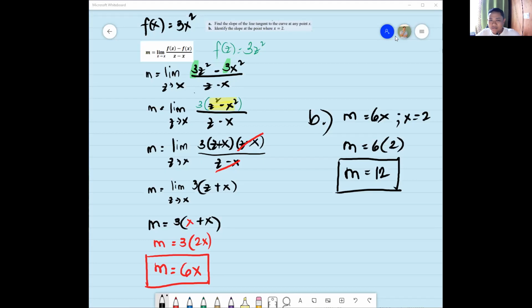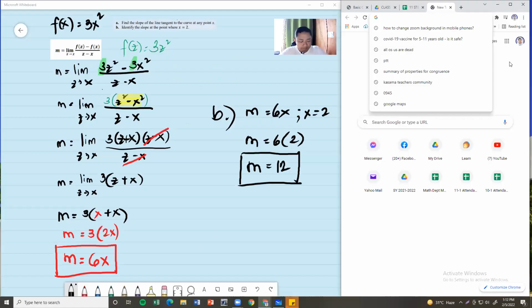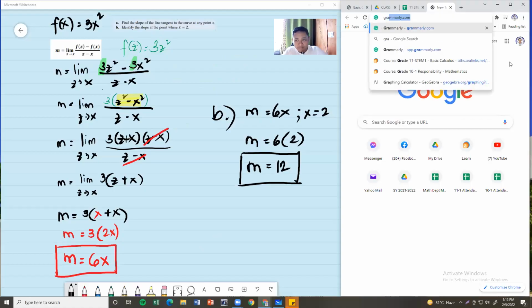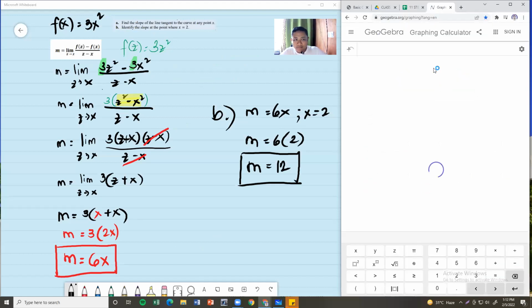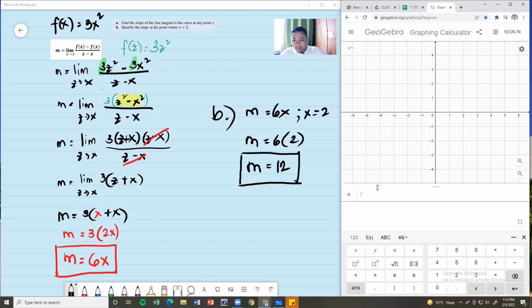Let's identify the graph. Okay, let's graph f of x is equal to 3x squared. That's a curve. Did you notice that?